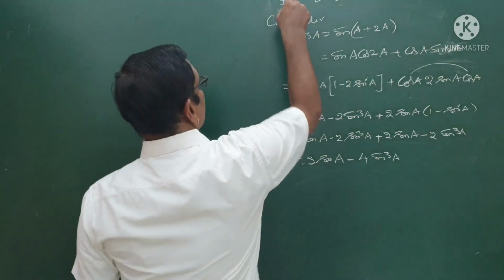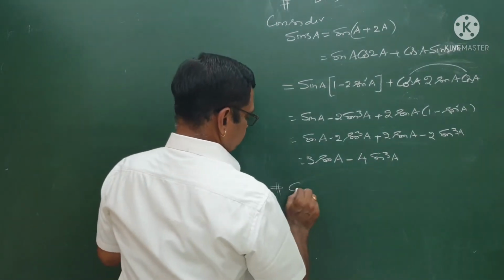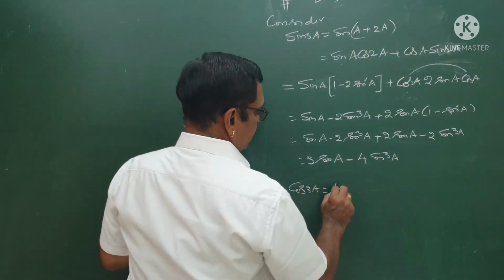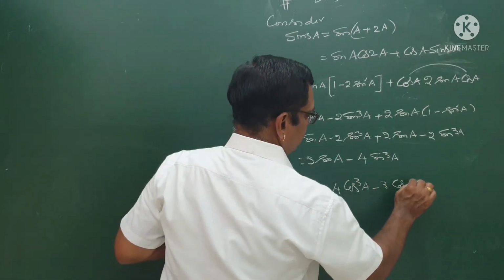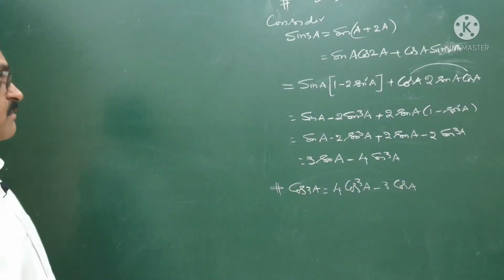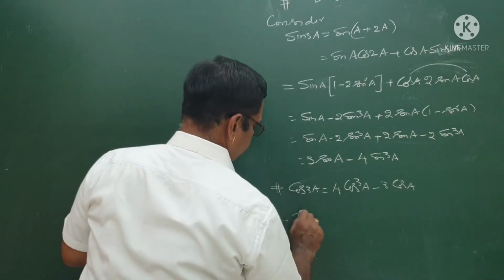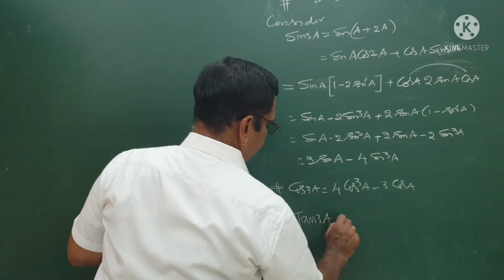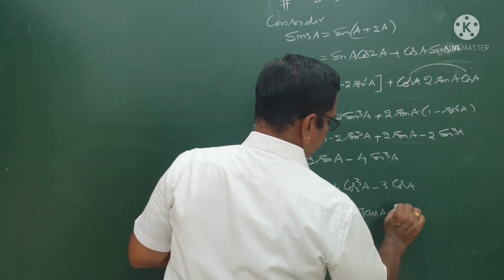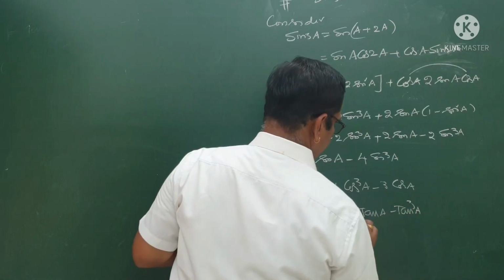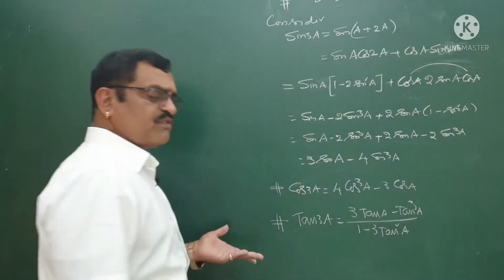Similarly, we have cos 3A, one more. Cos 3A is equal to, we have 4 cos cubed A minus 3 cos A, same identity. Similarly, for tan 3A we have 3 tan A minus tan cubed A by 1 minus 3 tan square A. Proof is same.